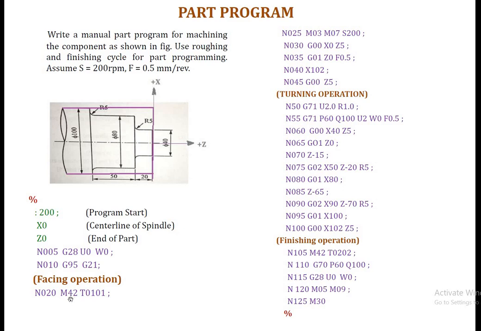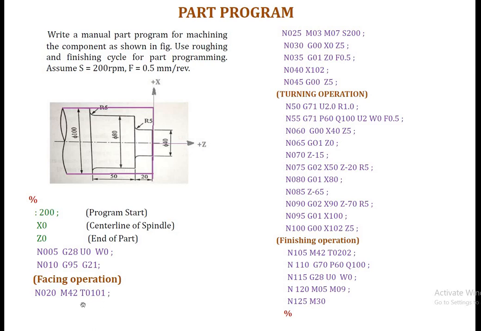Actually, three speed ranges are available, with three M codes: M40, M41, M42. M40 is for the low speed range, M41 for the medium speed range, and M42 for the high speed range. I have chosen M42 here, the high speed range.